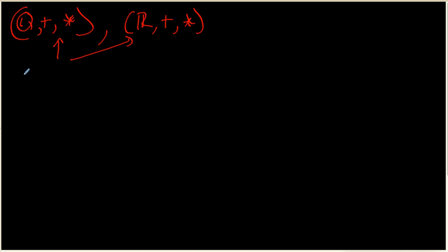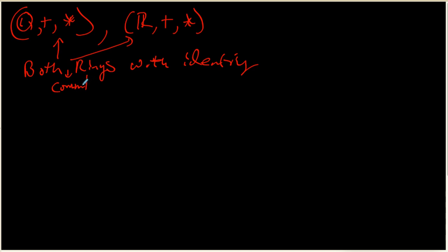So these are both rings, because both operations are closed, both operations are associative. We have a 0 for the additive identity. We certainly have additive inverses. Multiplication distributes over addition. And we have a 1, so they are rings with identity. And the multiplication is commutative, so they are commutative rings with identity.